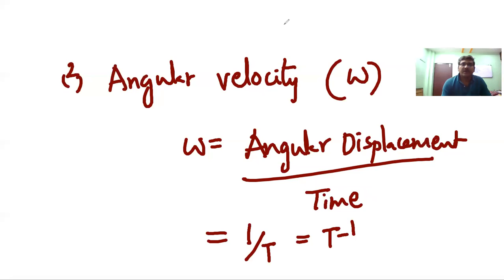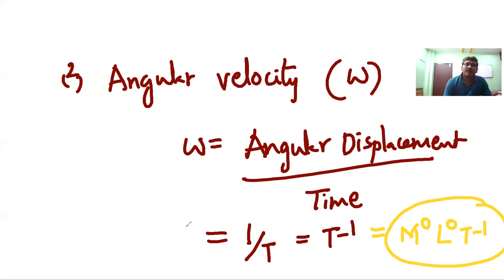Observe here, you can write in expanded form M to the power of 0, L to the power of 0, T to the power of minus 1. This is the general expression. Clear? And here I would also like to put up the unit of this.